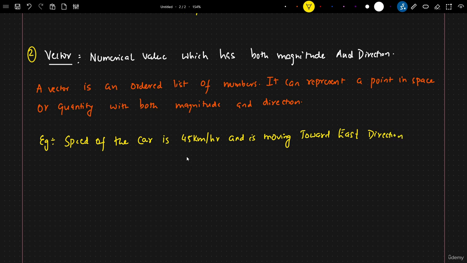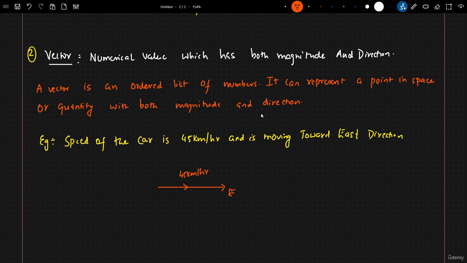Now here you can see clearly that my car is moving in the east direction and the speed is 45 kilometers per hour, right? So we are representing the speed of the car with both magnitude and direction, where specifically we are going towards the east side. This is the basic example we can consider in terms of the first definition.